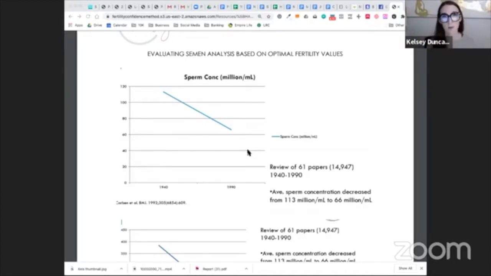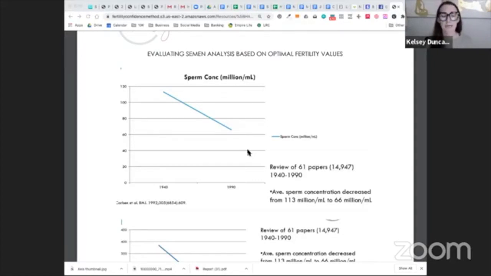It's based on population average. So why would we now accept, let's say it's 1990, 66 million per milliliter as the normal when, my math is bad, 50 years ago, we were double that and that was normal. So taking that apart, that's a drastic decline in our population.